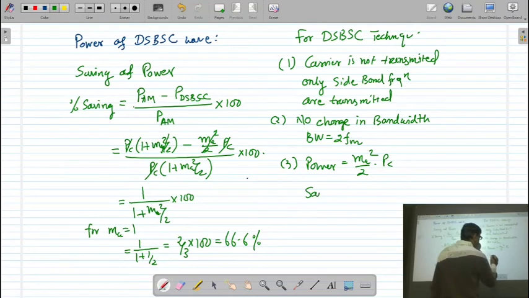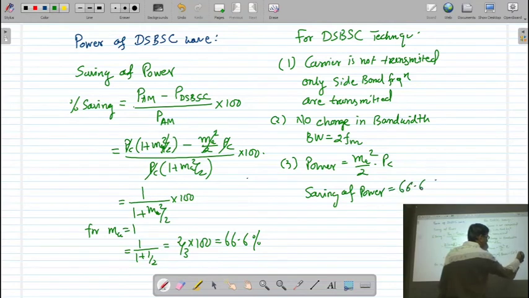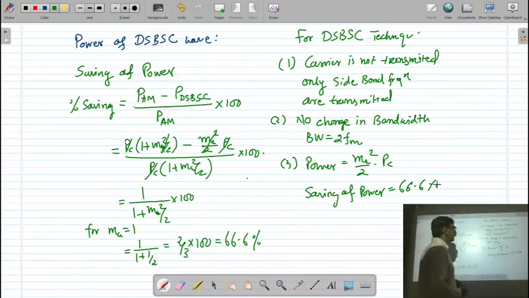So the saving of power is 66.6%. So these are the three important points which you have to remember in a DSBSC technique. Okay. Now let us see an example.